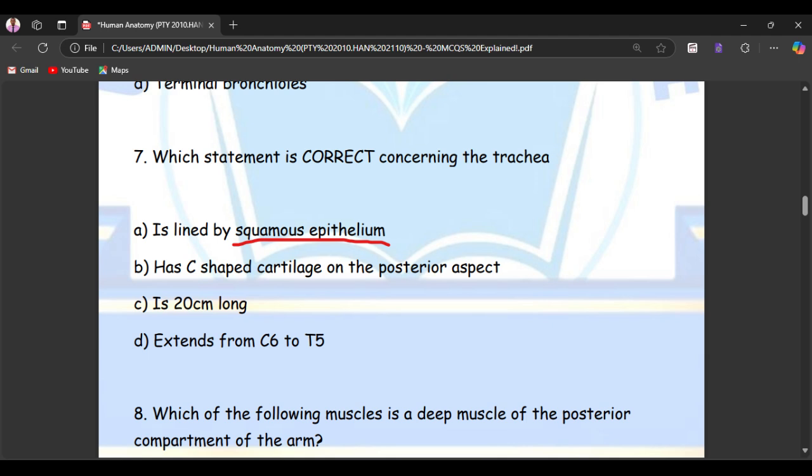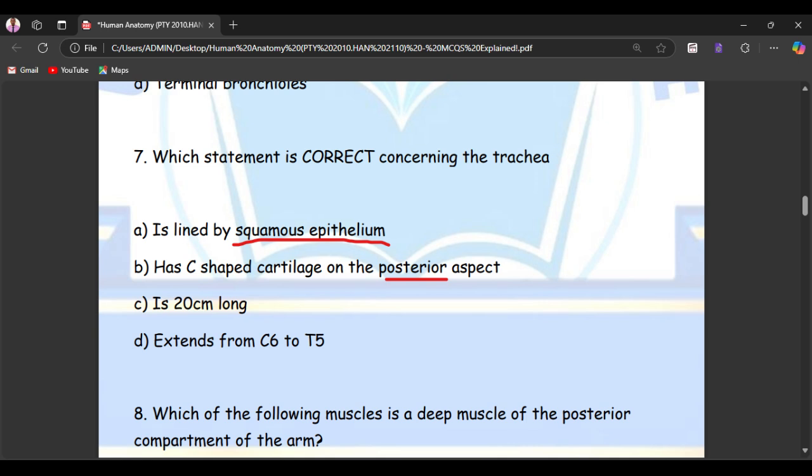Then B is saying the trachea has C-shaped cartilage on the posterior aspect. This statement is incorrect, in the sense that the trachea does have C-shaped cartilage, but it is anterior and not posterior.